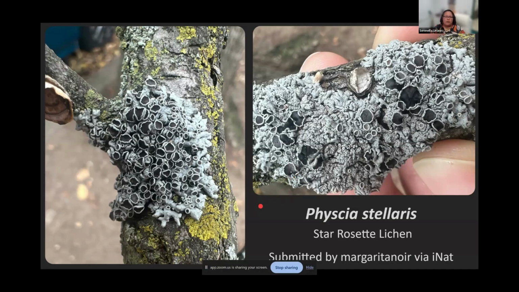They tend to be a green, blue, gray color, and that color can change a little bit when you have more moisture in the environment. They can tend to have a little bit of a greenish hue because then the photobiont is photosynthesizing more.